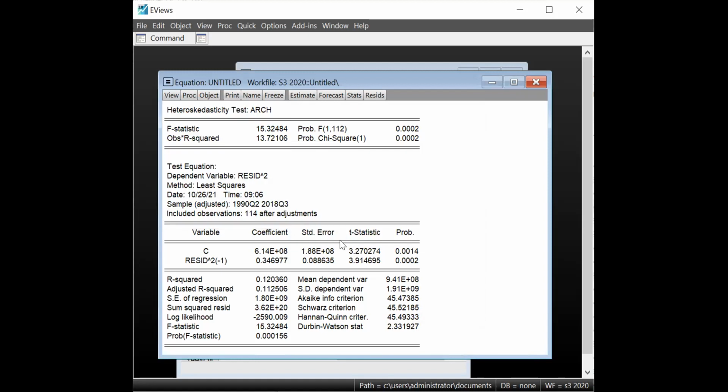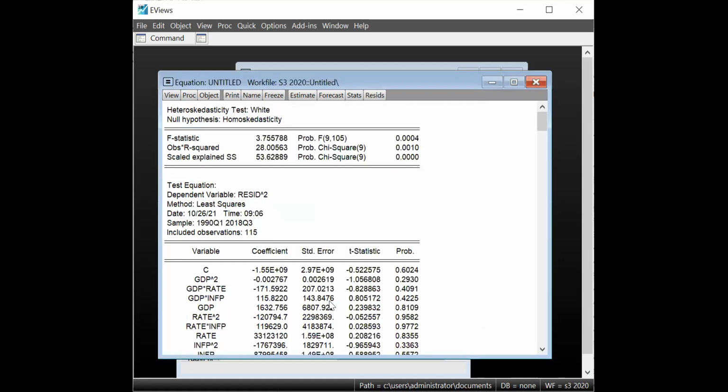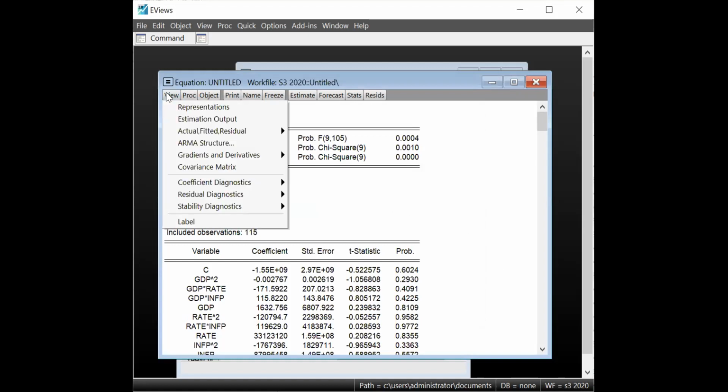If, for example, we test here with the White test, also we have heteroskedasticity. This means we have this problem of heteroskedasticity.